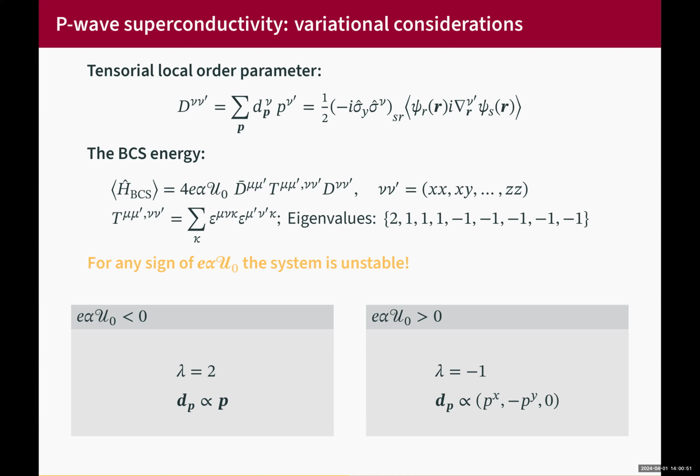It has both positive and negative values, which means that for either sign of the spin-orbit interaction, there is an instability in this channel, and the electrons tend to form bound pairs. But the character of the instability and the resulting state depends strongly on the sign of this Rashba coefficient. For negative sign, because this spectrum is asymmetric, there are minus ones, there are ones, but then there is two, right?